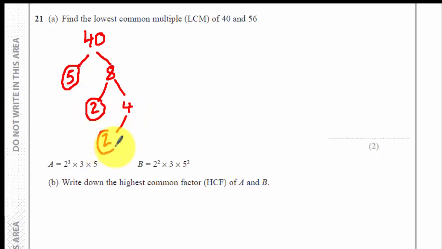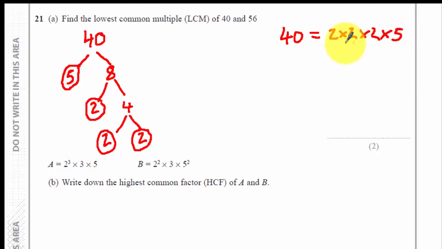And 4 is going to be 2 times 2. So as a product of prime factors, 40 is 2 times 2 times 2 times 5.